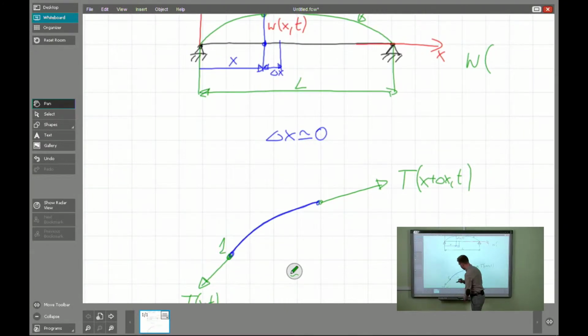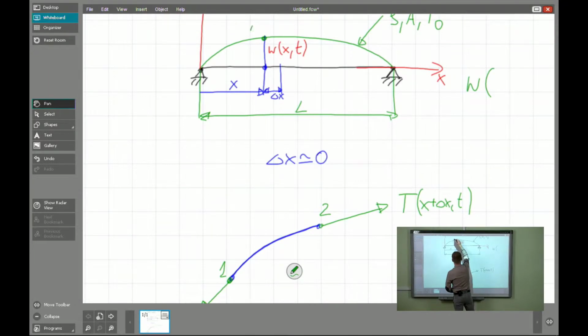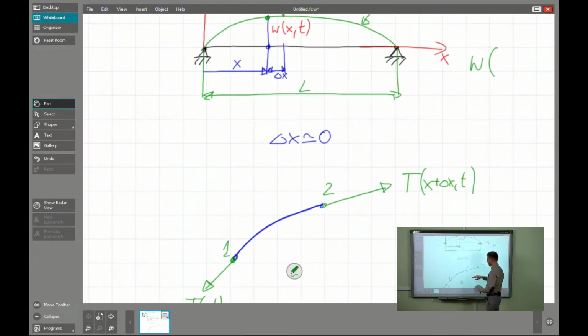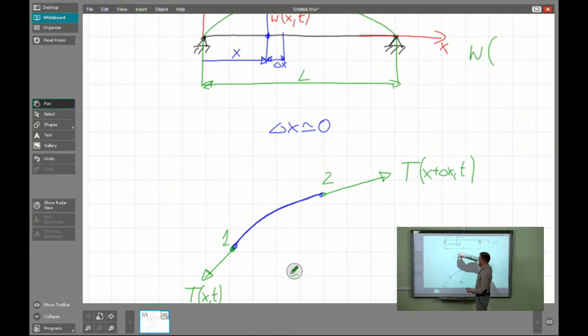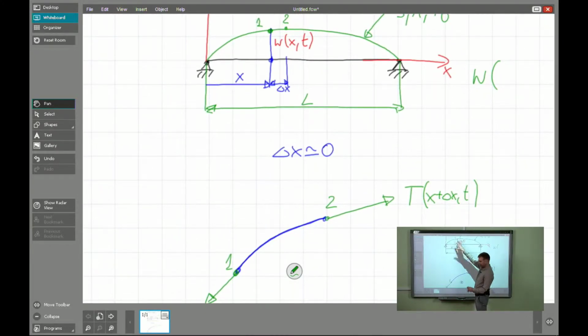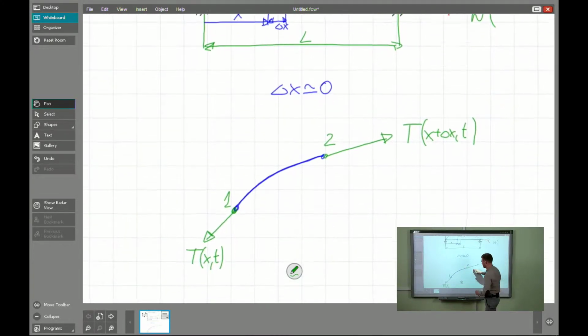Let's say it's point 1, it's point 2. We are speaking about such a beginning of our segment, and here we have point 2. It's, let's say, a zoom of that part, some detail view.